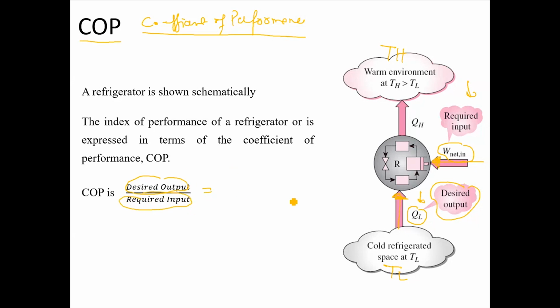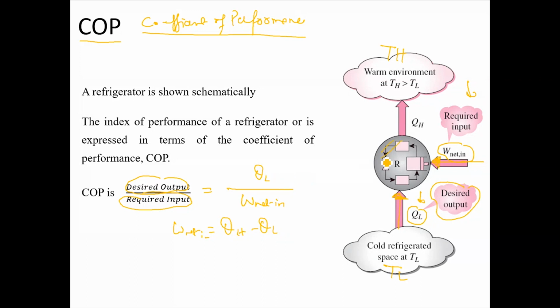So desired output is what? Desired output is QL. And required input is what? W net into the system. And W net in is what? Work net in is QH minus QL. You can simply apply the energy balance.